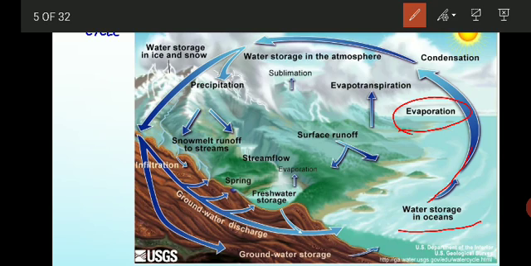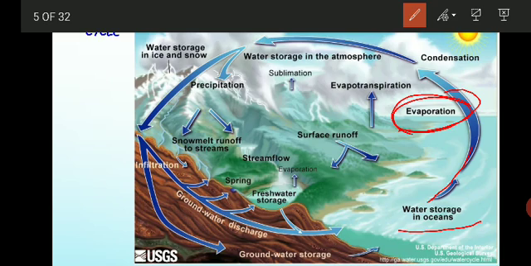The lakes, the oceans, the seas and the rivers provide nearly 90% of the moisture in our atmosphere through this process called evaporation, and the other 10% is contributed by plants through transpiration. So here evaporation is the major process where the water cycle begins.